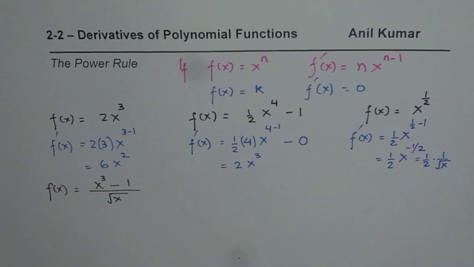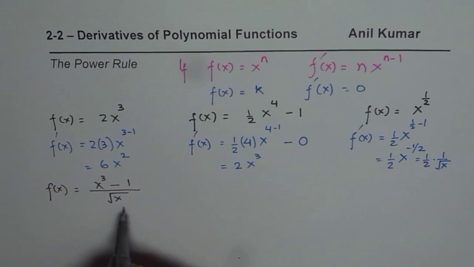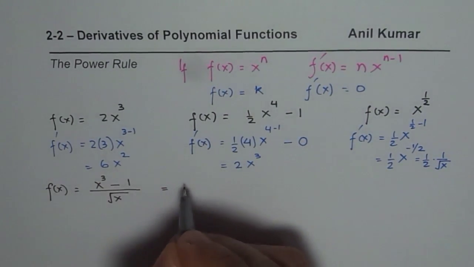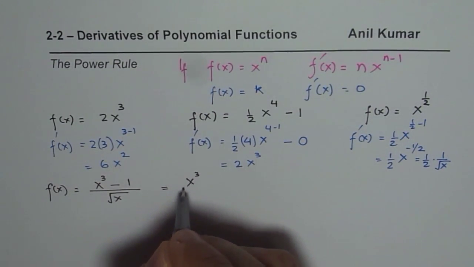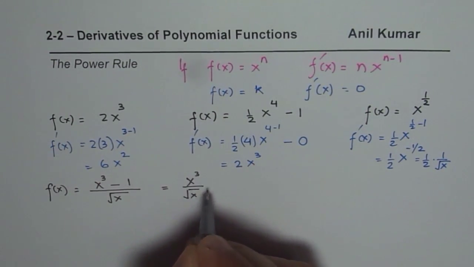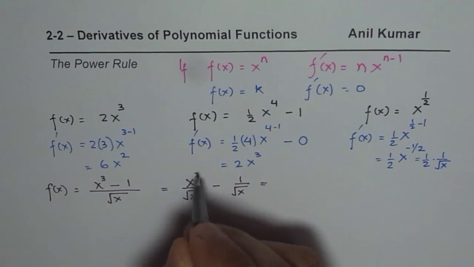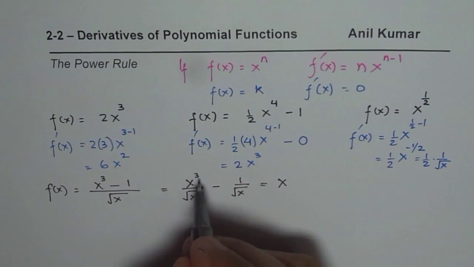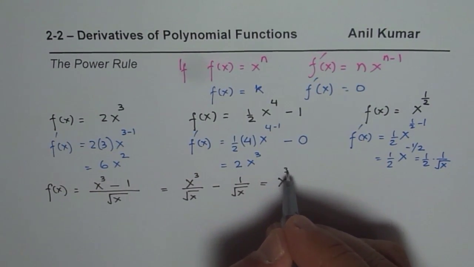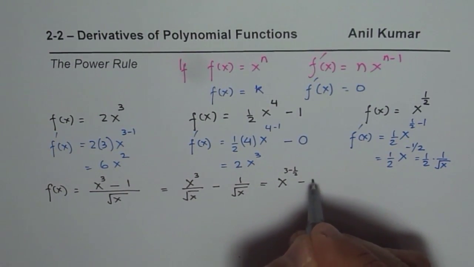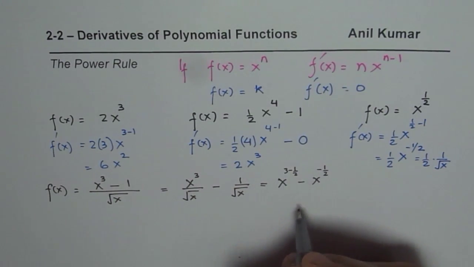Think about it. If you have a combination like this, what should you do? You could write this as x to the power of 3 over square root of x minus 1 over square root of x. We'll further simplify this. We can say x to the power of 3 minus half, minus x to the power of minus half.